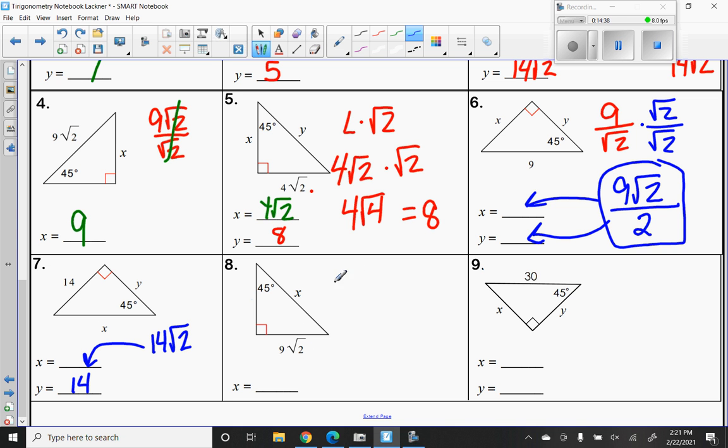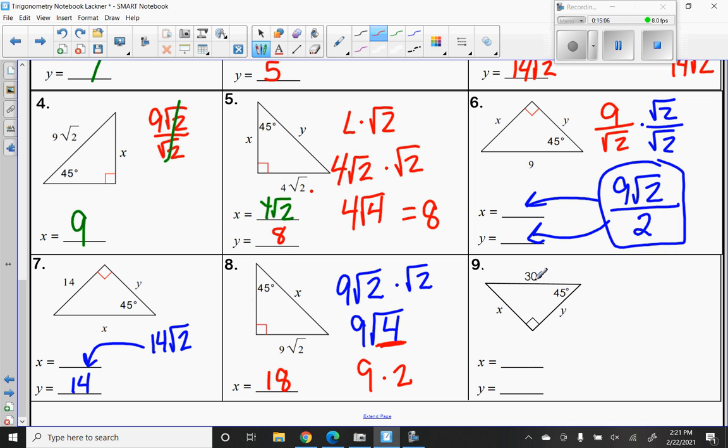How do I get the hypo? Times it by radical 2. To get the hypo, multiply the leg by radical 2. This becomes 9 radical 4. This is a special number. This becomes the whole number 2. This is really 9 times 2, and that's 18.